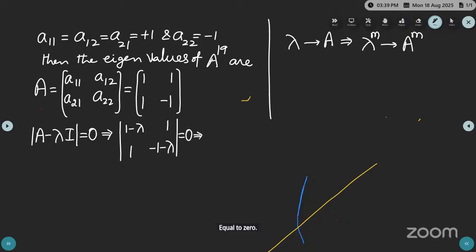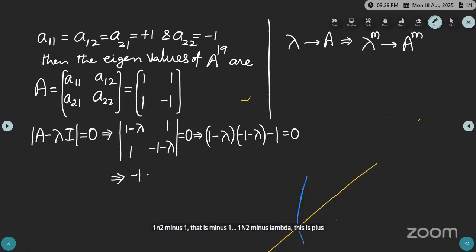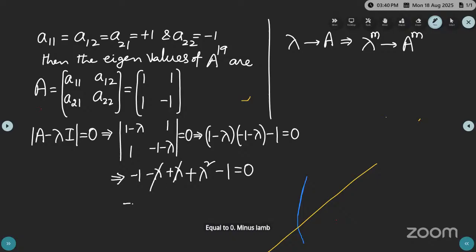This implies (1 minus lambda) into (minus 1 minus lambda) minus 1 equal to 0. This implies 1 into minus 1, that is minus 1. 1 into minus lambda, this is minus lambda. Minus lambda into minus 1 is plus lambda. Plus lambda square minus 1 equal to 0. Minus lambda plus lambda gets cancelled.